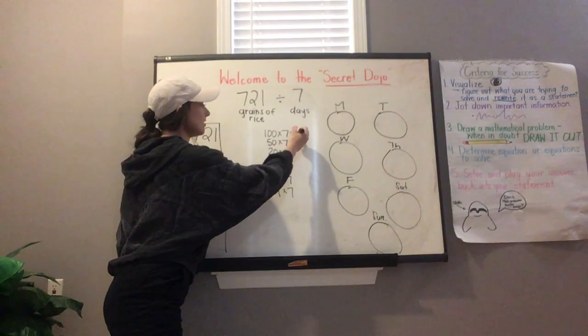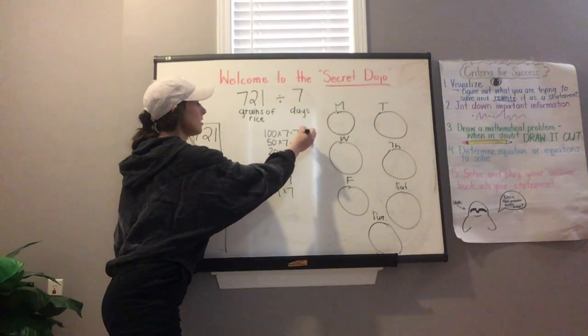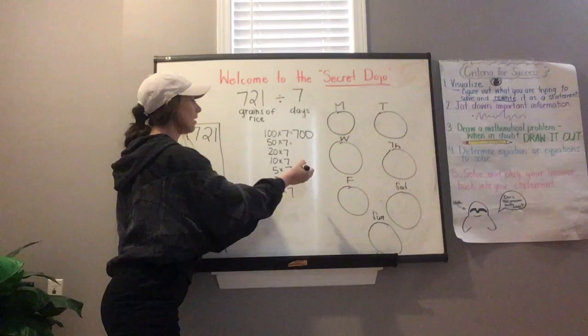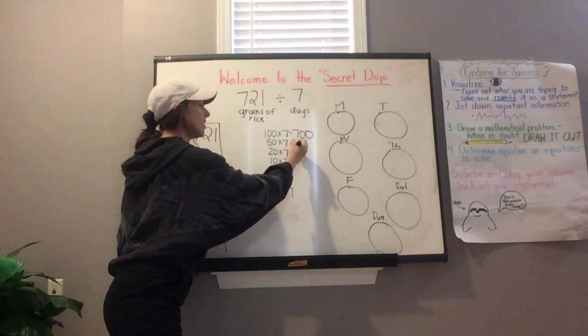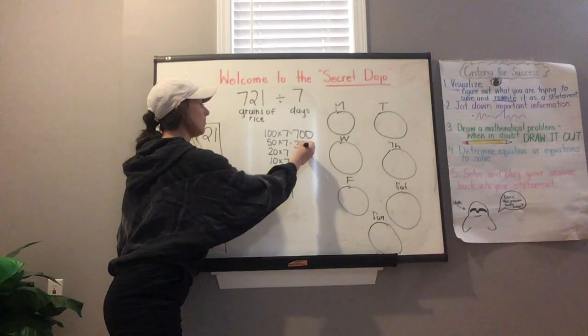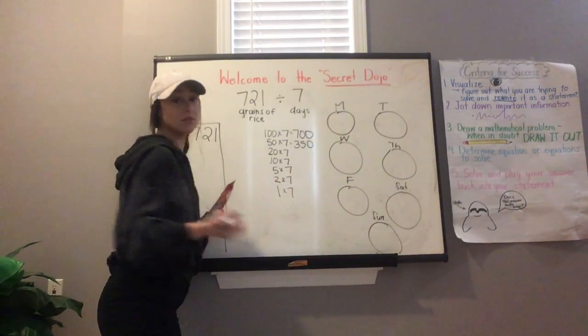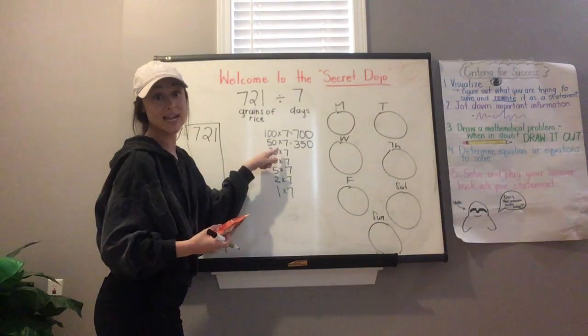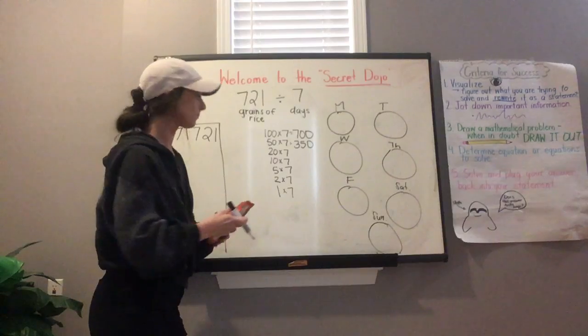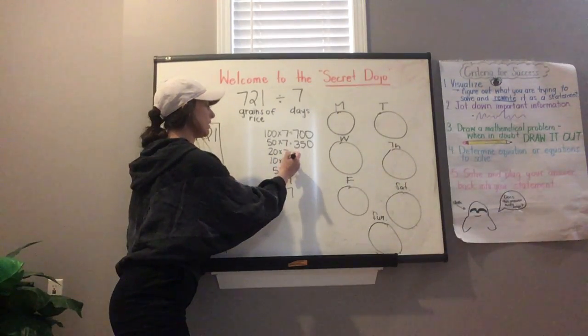I know that 100 times 7 equals 700. I know that 50 times 7, if I take 5 times 7, I know that equals 35. And I'm just going to add a 0 because I know I'm dealing with my tens place value because I have 5 groups of 10, and that's how I get that 50. I'm going to do 20 times 7.